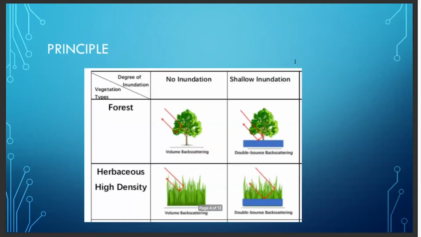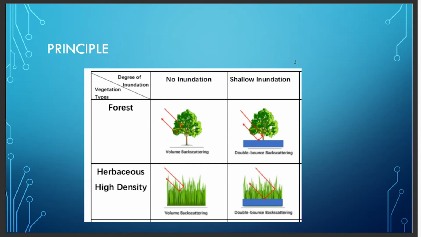And this is the principle. If there's only water, there's only a single bounce, so you wouldn't see any signal. But when there are trees and water, the trees can act as a corner reflector. The signal reflects on the water surface, bounces on the trunk, and goes back to the satellite.